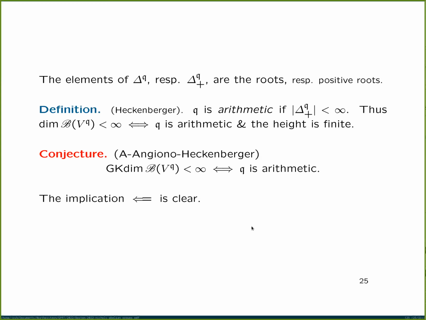And we conjectured a few years ago with Andruskiewitsch and Heckenberger that the Gelfand-Kirillov dimension will be finite if and only if q is arithmetic. And this implication is clear because you will have a PBW basis and then you take the associated graded ring with respect to some suitable filtration, and it will give you a finite quantum polynomial ring.